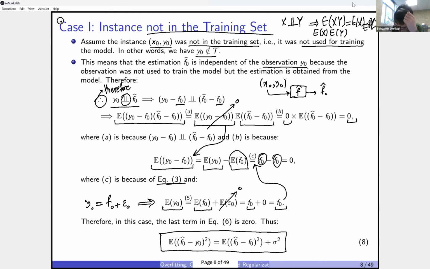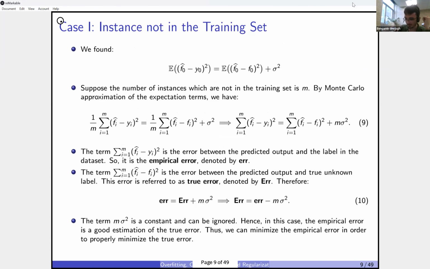This is the mean squared error: expectation of f0 hat minus f0 squared plus sigma squared. And sigma squared is the variance of the noise for the labels. Do you remember? I'm repeating that formula here that we found.